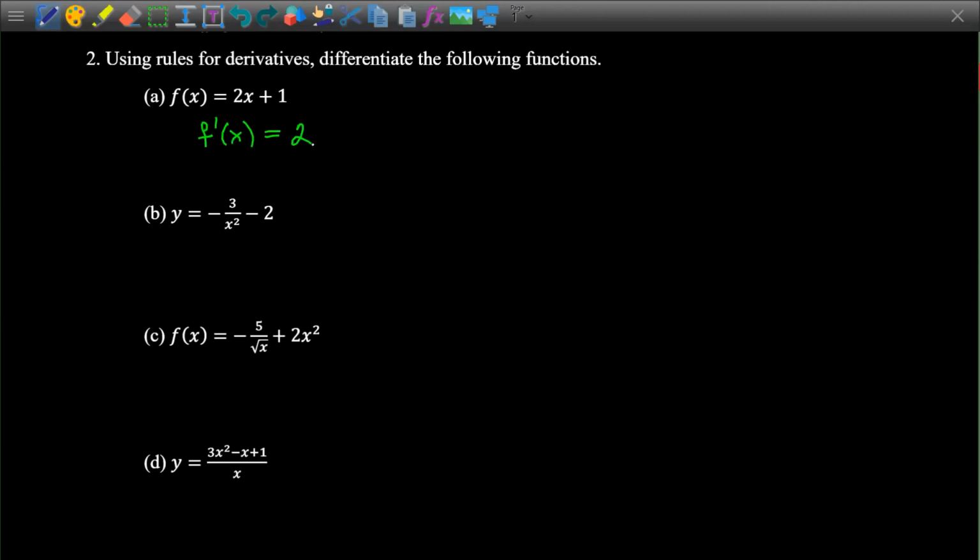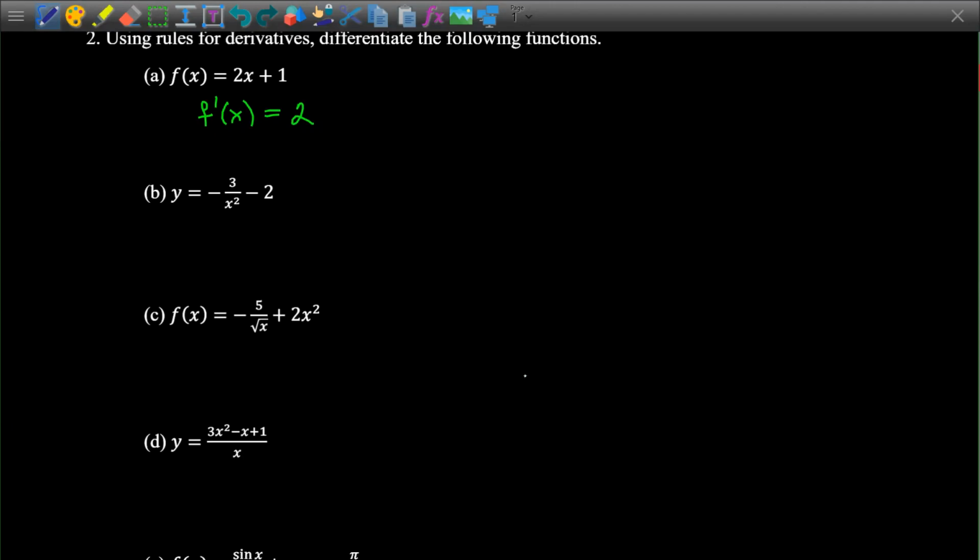So that's it. For part B, we have an x squared there in the denominator. And so to make this a little bit easier, I'm going to rewrite this as minus 3x to the minus 2 power, and then minus 2.